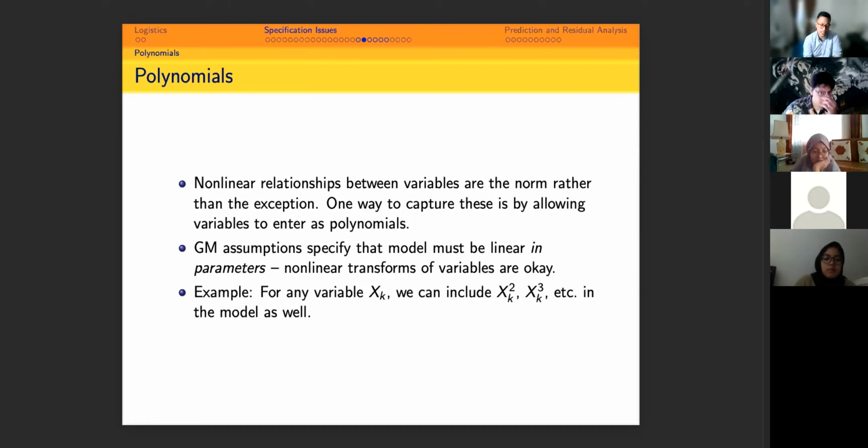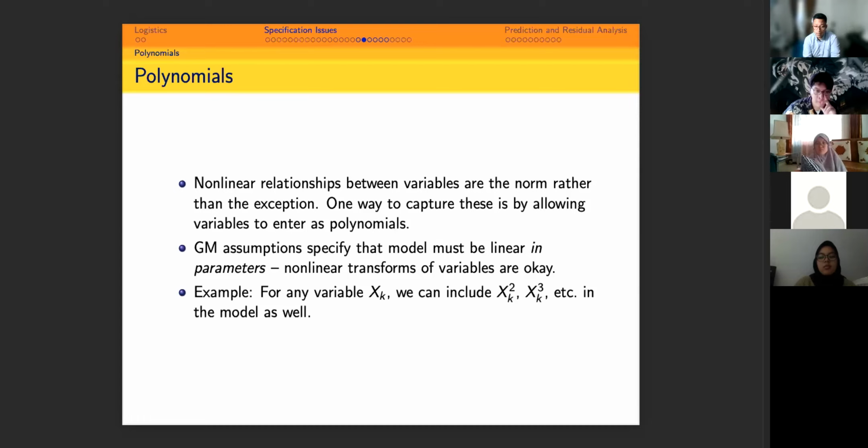Now the big question is, how far should we go? What's the ideal polynomial degree that we'd like to incorporate into the model? That's not something that we can decide before we do the actual regression. That's actually an empirical question. So ideally what you want to do is test out different specifications.